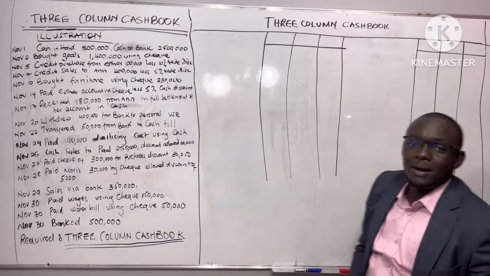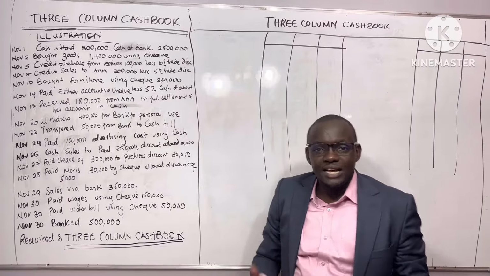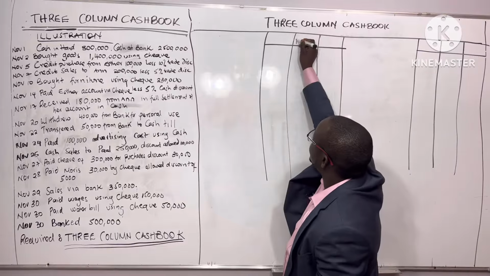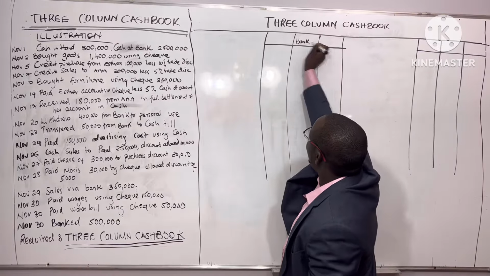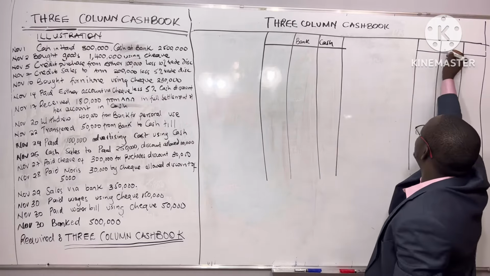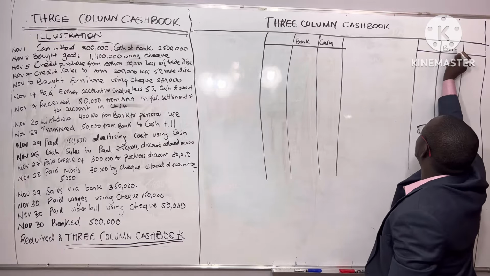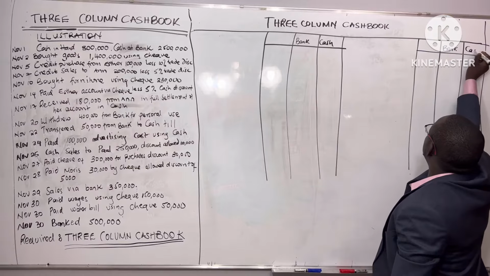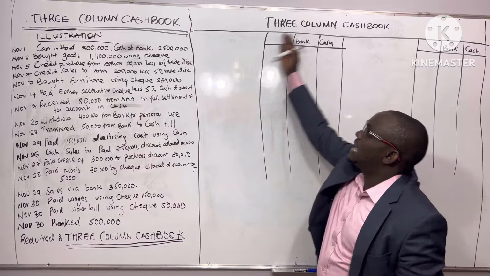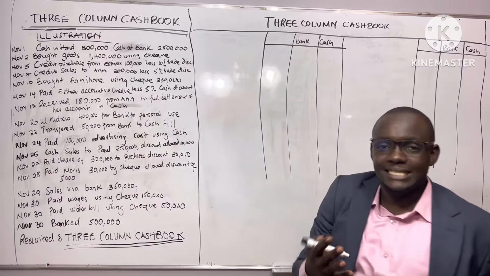Now, if you remember our 2-column cashbook from our previous lesson, it had only 2 columns: bank and cash. This half of the cashbook is called receipts.